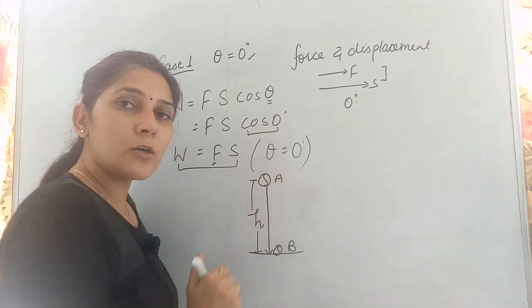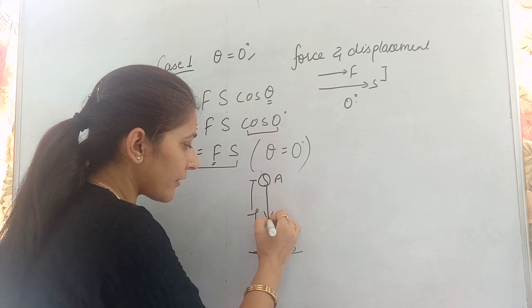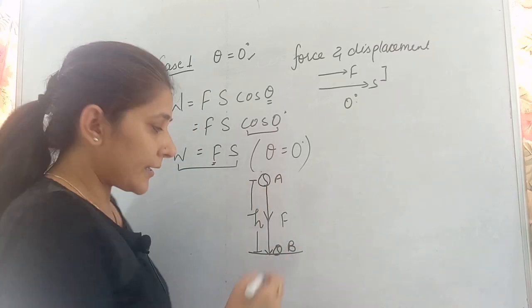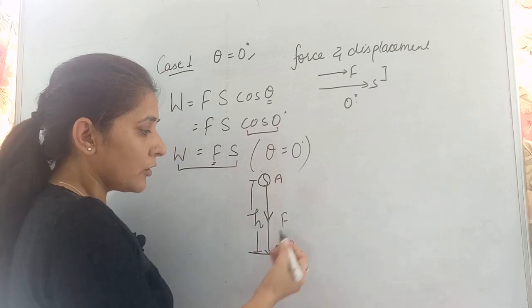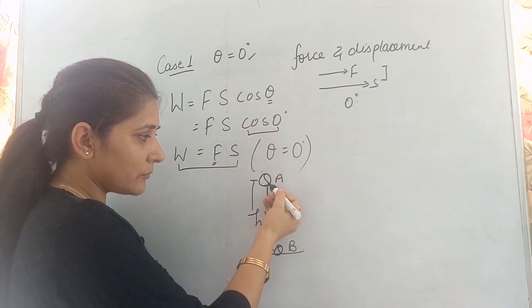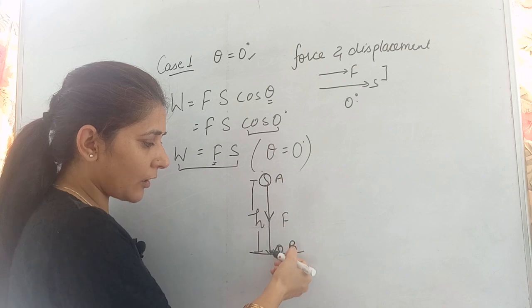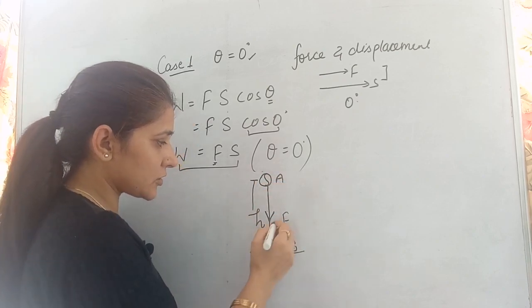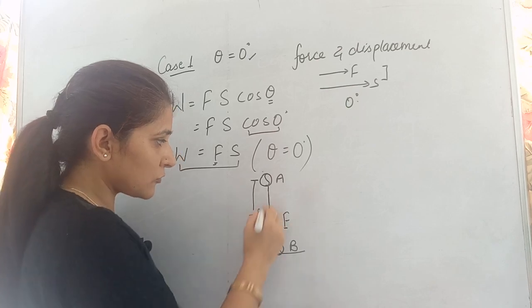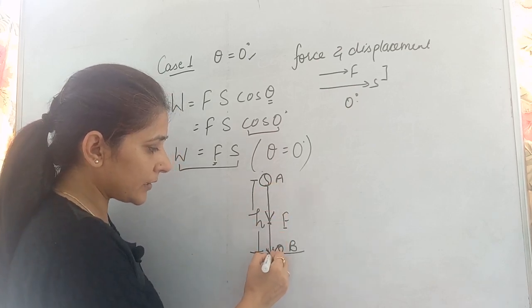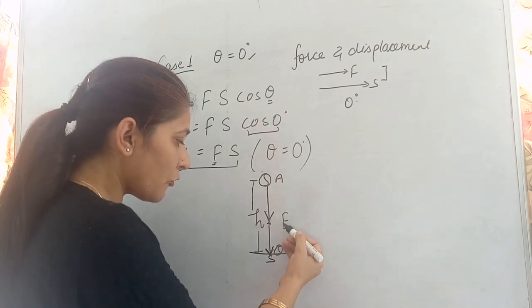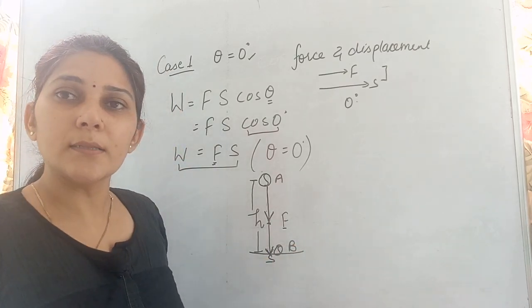Which force is working on the ball now? The force of gravity, and its direction is downward. Due to the force of gravity the ball is coming downward, so the displacement is also in this direction only. This arrow represents the direction of force, and the other arrow I am writing here represents the direction of displacement. That means force and displacement are both in the same direction.